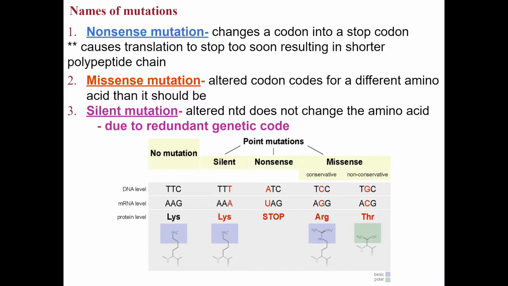We have a nonsense mutation. A nonsense mutation is actually when a codon changes into a stop codon. And so that cuts the whole process short. Now we're not going to have our long amino acid sequence like we did before. So now it maybe cuts it in half, and we don't get to finish translation.